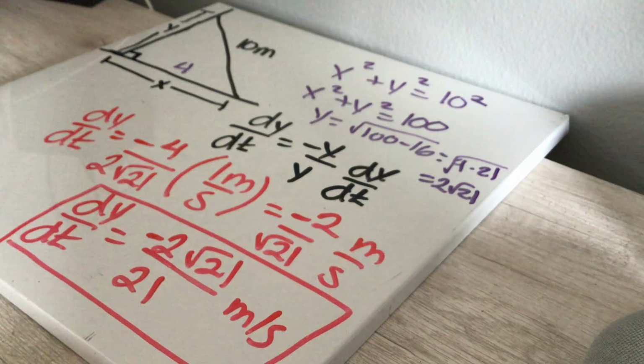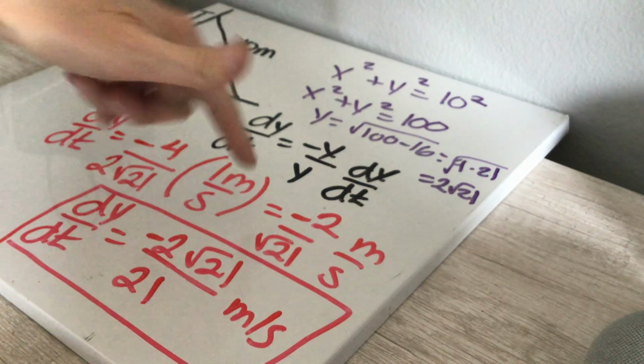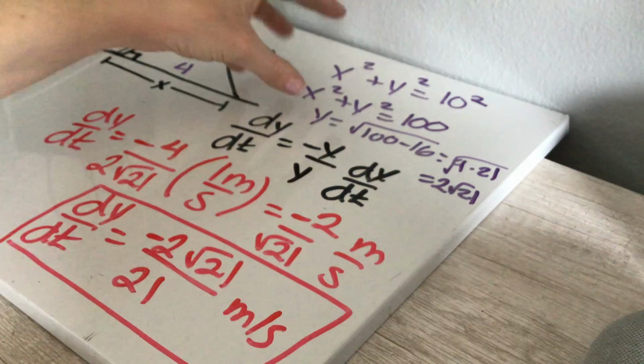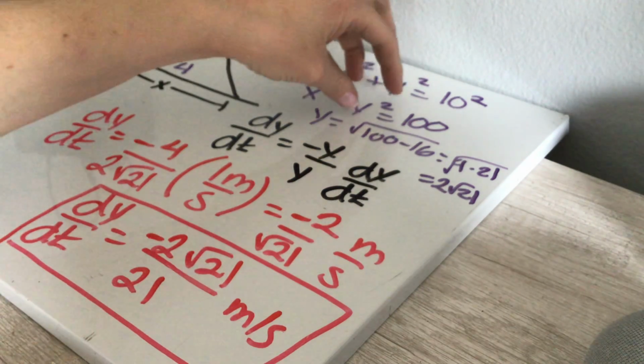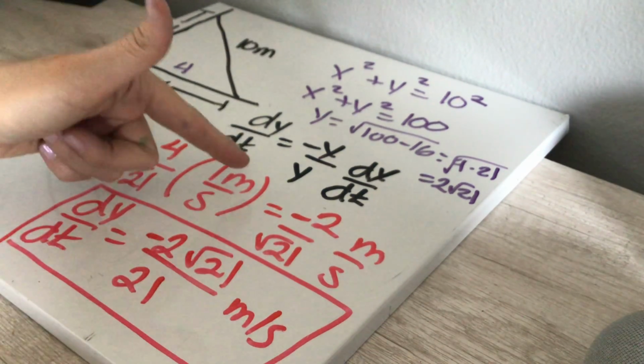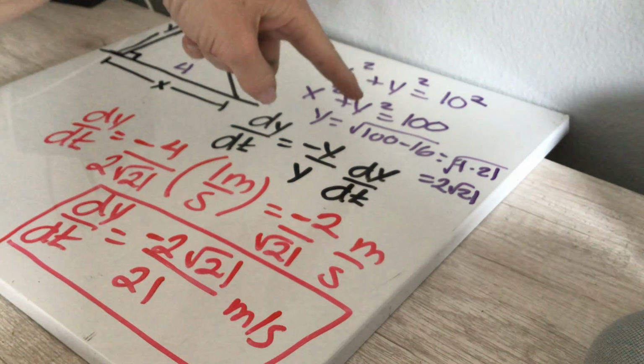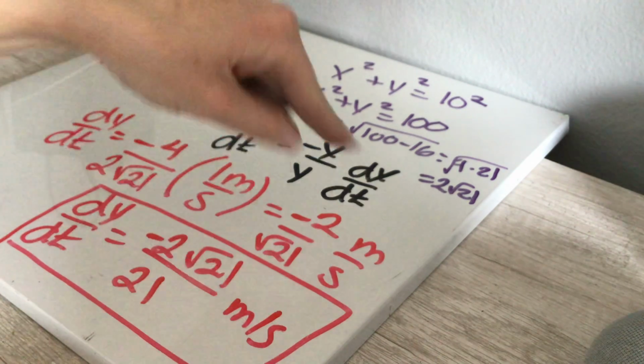So you should have two values that relate to each other plus at least two rates of change, because when you take the derivative, you take it for each part. So you're going to take it with respect to x, with respect to y, and then you get two rates of change, how your two variables are changing with respect to time. Okay, so write those first, differentiate, and then plug in your numbers.